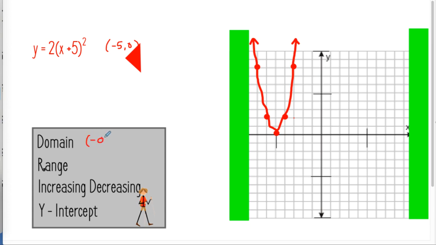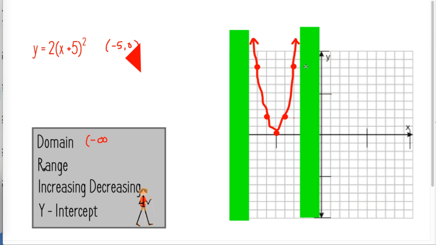It's -infinity. And do we have a bound on the right? No, because I hit an arrowhead. So the domain here is I can put any number I want in for x. Remember, the domain means what I can put in for x. Another way we could write this is all reals, but make sure you put the extra line on the back of the R to signify mathematical notation.